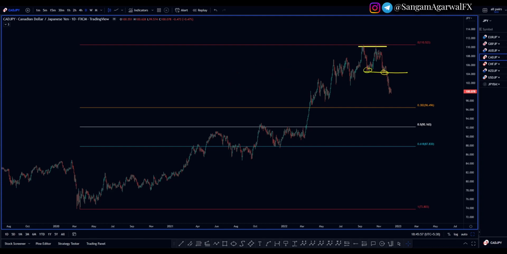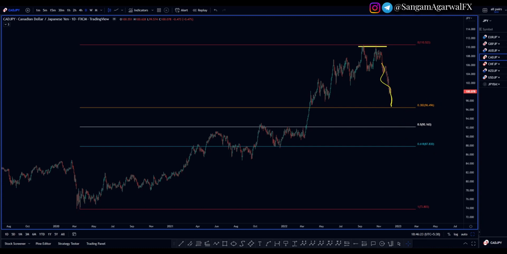And the neckline of this double top has also broken, so this is technically a sign that the trend may have ended. And this drop which has started, with top to bottom fib retracement 38, 50, then 61% retracement level.